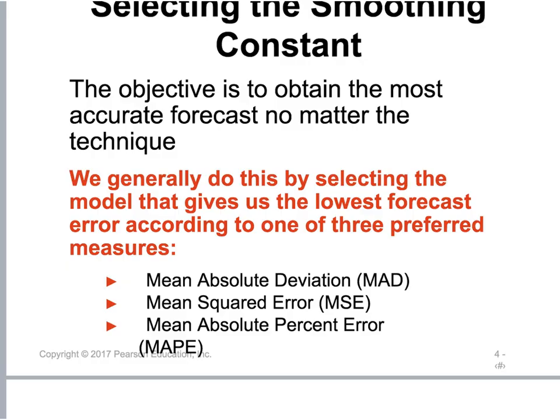So when you're thinking about your projects and you want to decide what's the best forecast method to present in the final selection, it's the one that's going to give you the least error. We have three approaches. You have the mean absolute deviation, which is called the MAD. You have the mean squared error, and then you have the MAPE, the mean absolute percent error. The two most common approaches are the MAD and the MAPE.